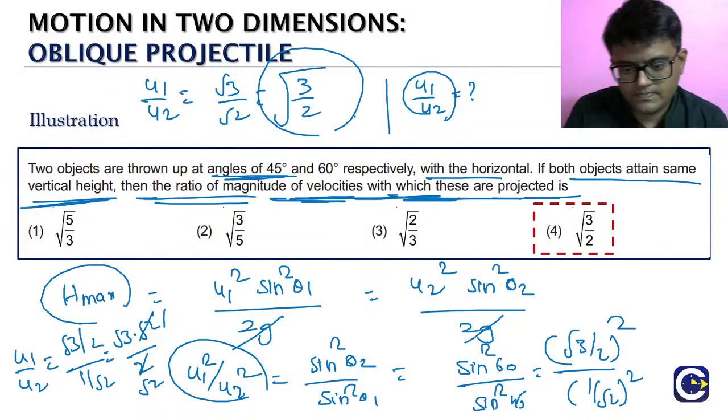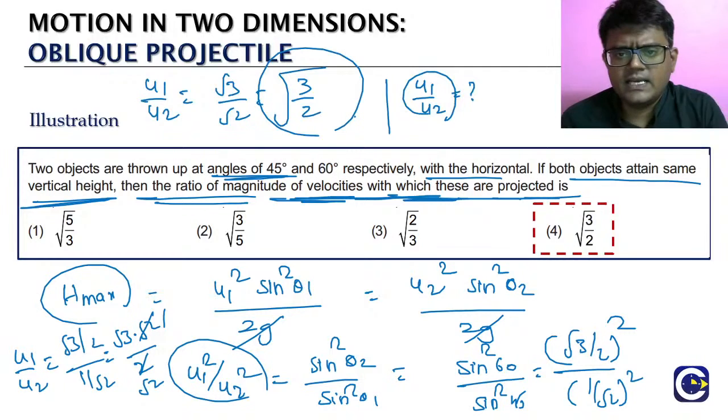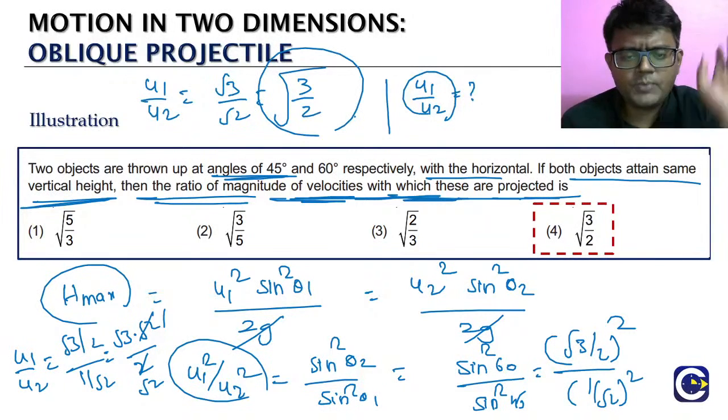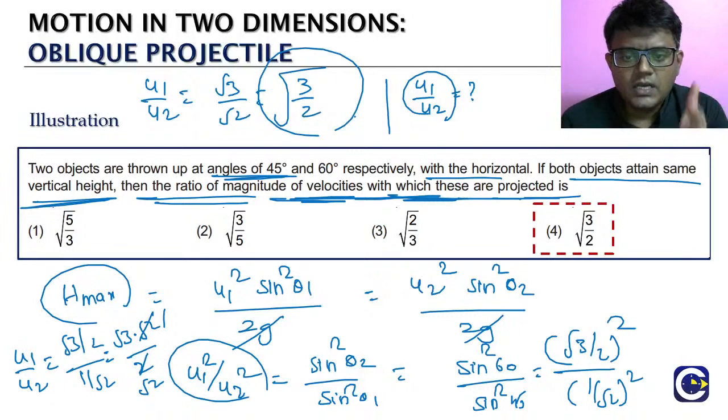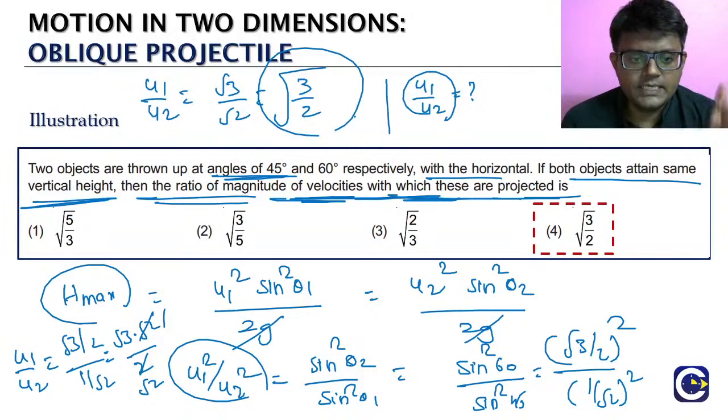Option 4. In a straight question, they are giving us the condition. For the first object the angle is given as 45, for the second object the angle is 60, and the vertical height, meaning the maximum height we are taking, is the same for both. Based on that condition, they are asking what is the ratio of magnitudes of velocity, which means the ratio u1 by u2.